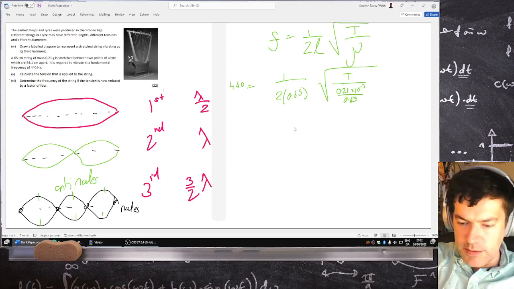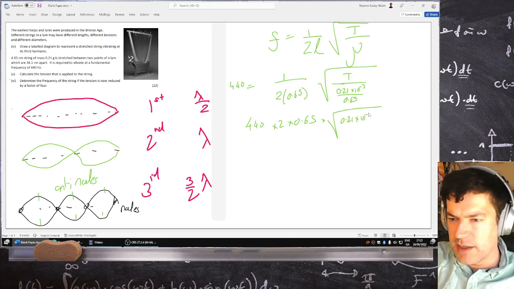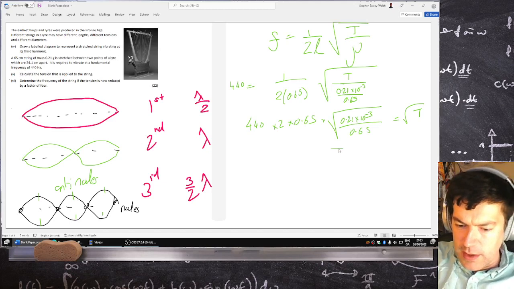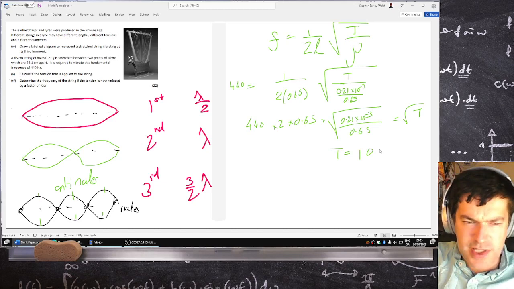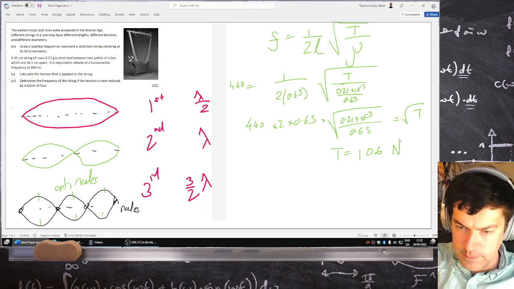So let's do a bit of cross multiplying. 440 times 2 times 0.65 times root 0.21 times 10 to the minus 3 over 0.65 equals root T. So I got a tension of 106 newtons, to three significant figures. Let's double check that.